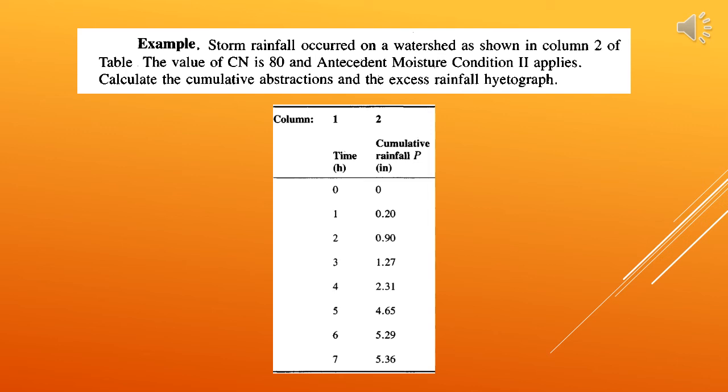The initial is 0, the first hour is 0.2, the second 0.9, the third 1.27, the fourth 2.31, till the 7th hour, where the cumulative rainfall is 5.36 inch. We are going to calculate the cumulative abstractions and excess rainfall, or the direct runoff, from here.